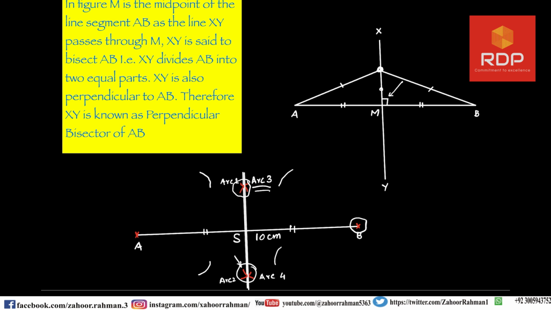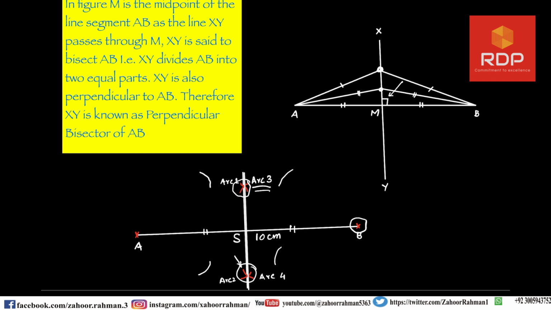Any point, for example I am taking this point, and if I am connecting this point, then they will be equal. This line will be at equal distance from that point on the line segment which is perpendicular.